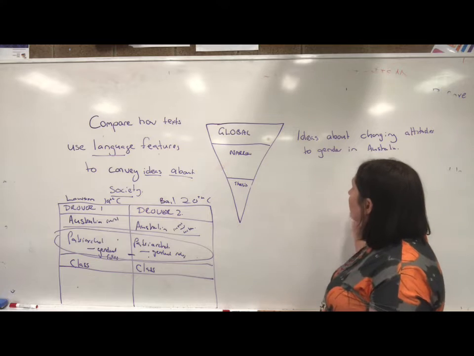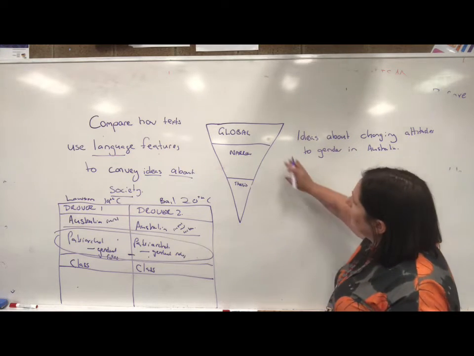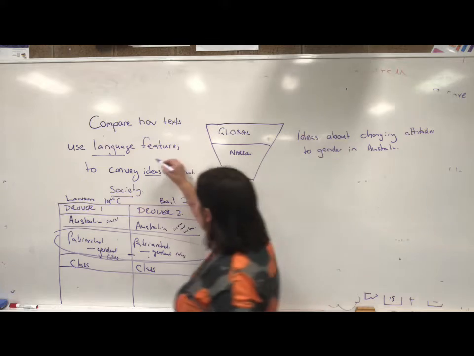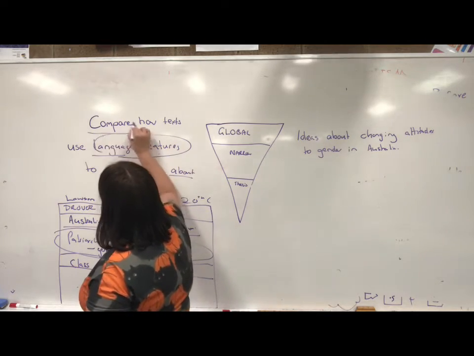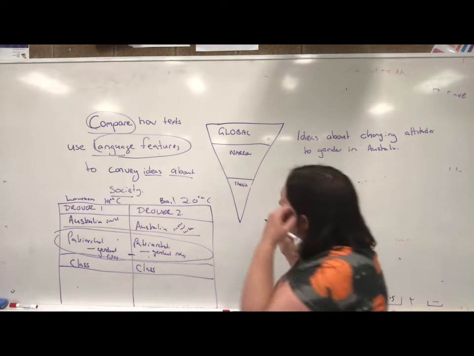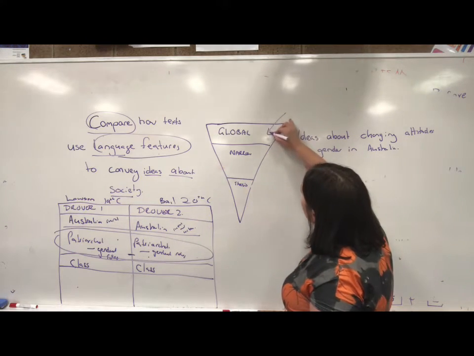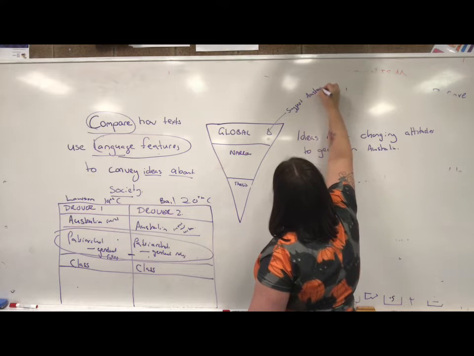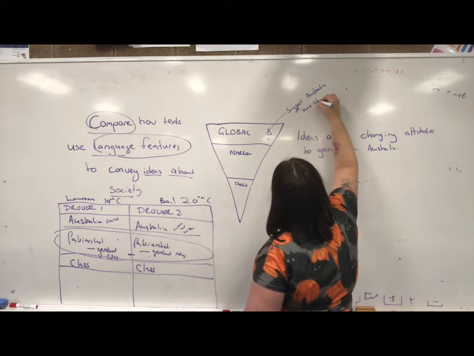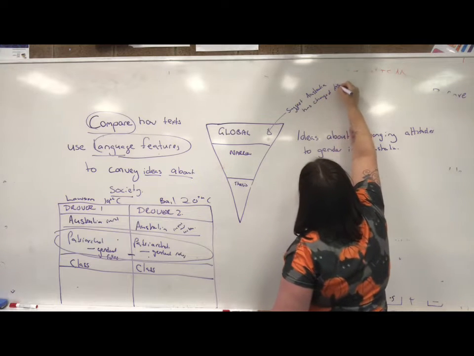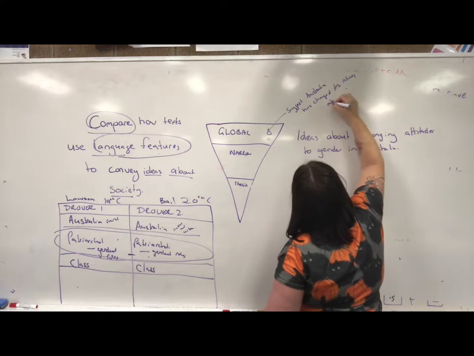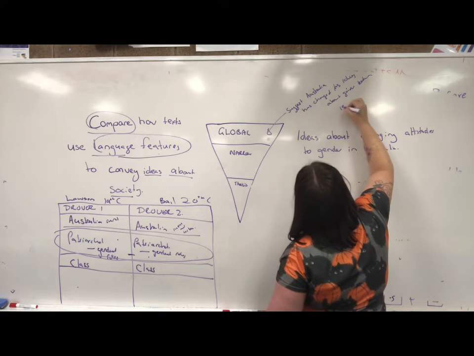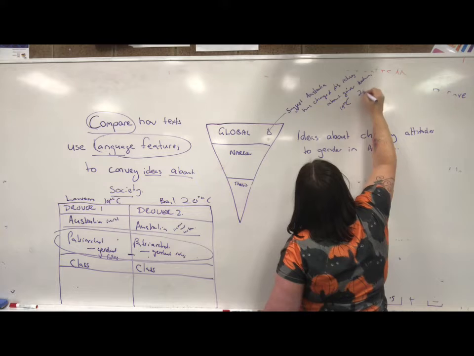So, how are we actually going to do this? Well, if we have a look at the 3 to 4 sentence model that we want to use, and we know we've got to look at construction, and we know we've got to compare them, I would suggest that here you suggest Australia has changed its ideas about gender between the 19th century and the 20th century.